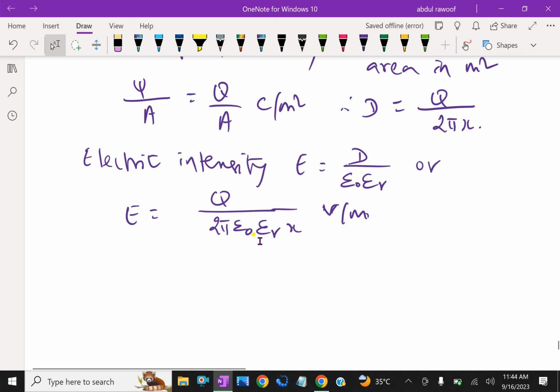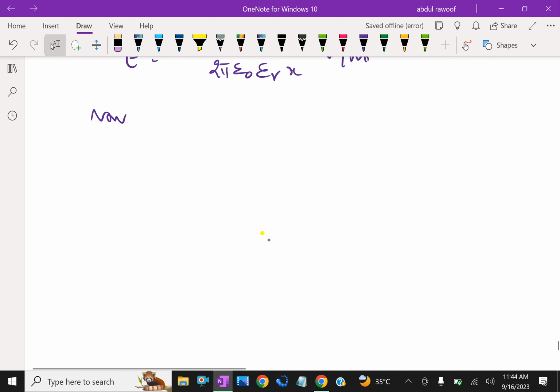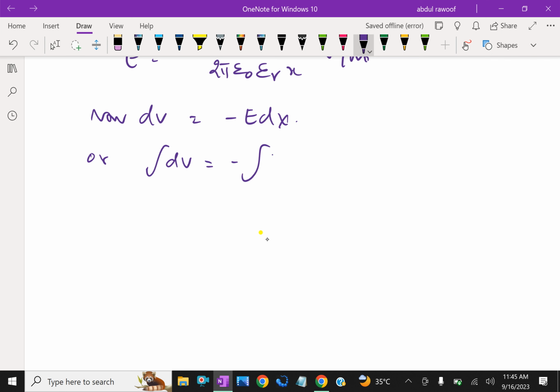Now, the change in volt dV equals minus E dx, so the integral of dV equals minus the integral of E dx.